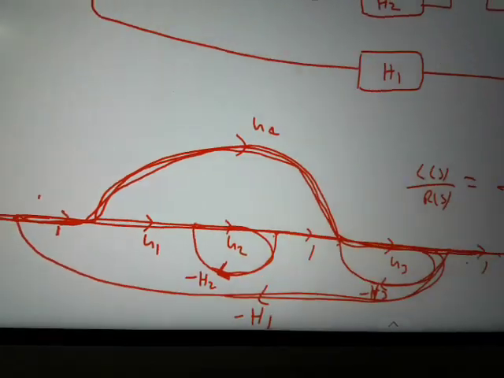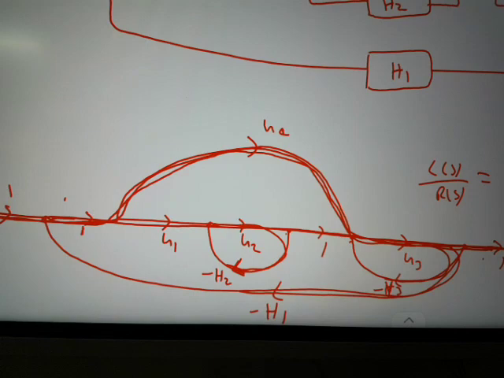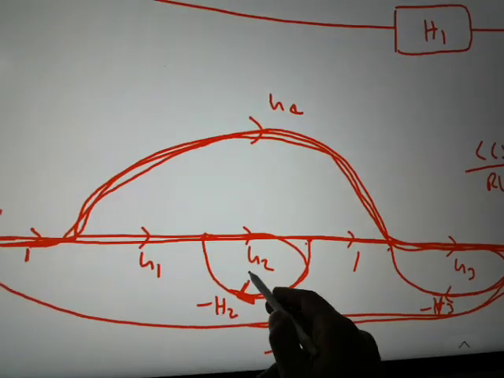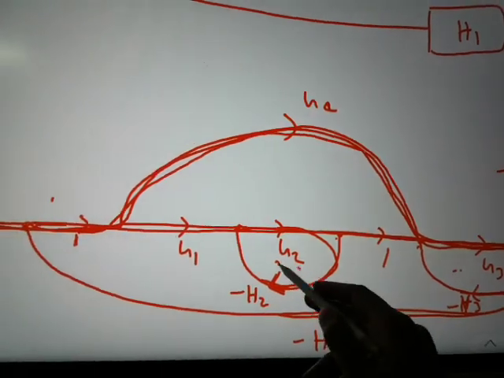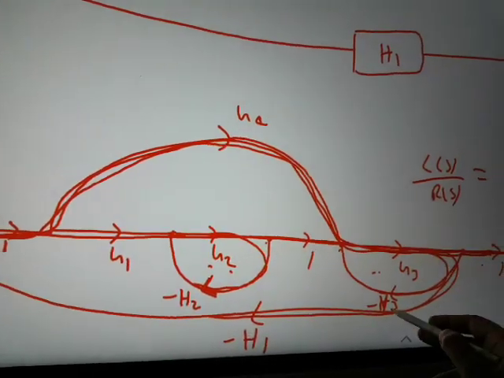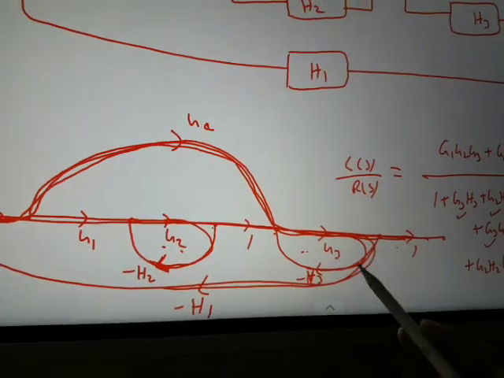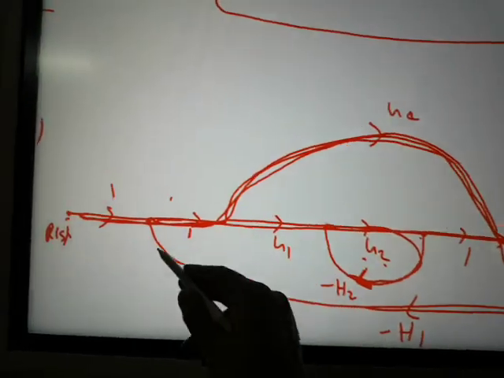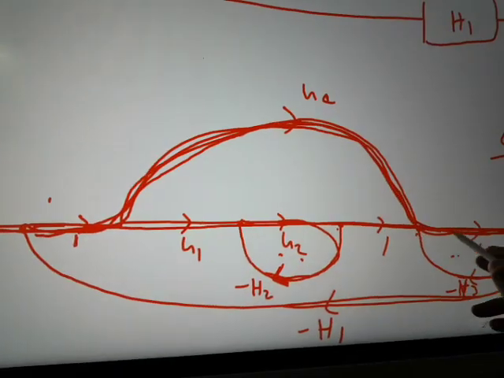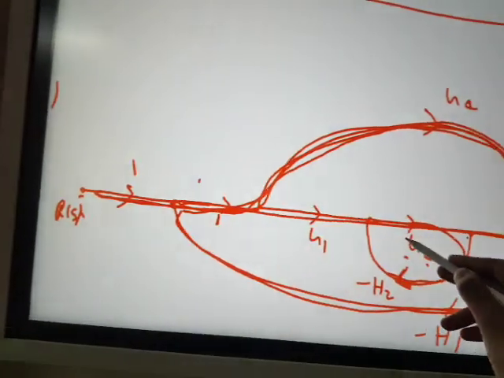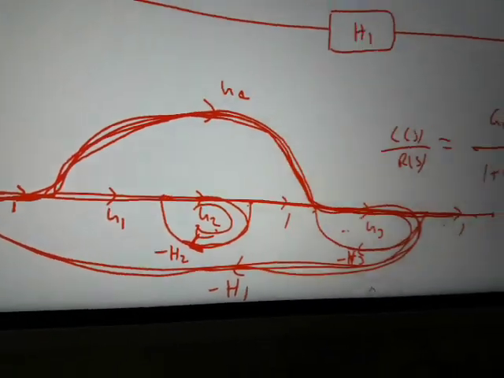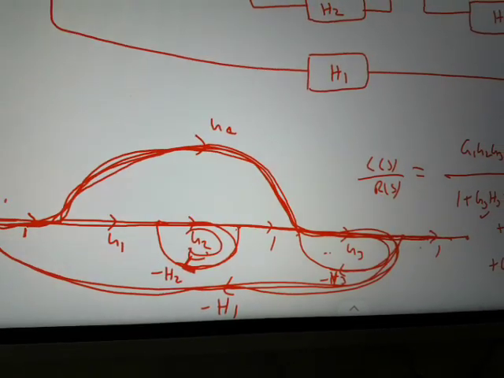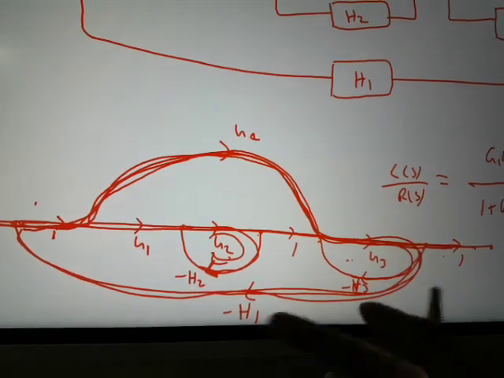Now, what are the non-touching loops? The loops G2 H2 and G3 H3 are non-touching, so the non-touching loop gain is G2 G3 H2 H3. This outer loop and the G2 H2 loop are also non-touching, so the non-touching loop gain is G3 G4 H1 times G2 H2.